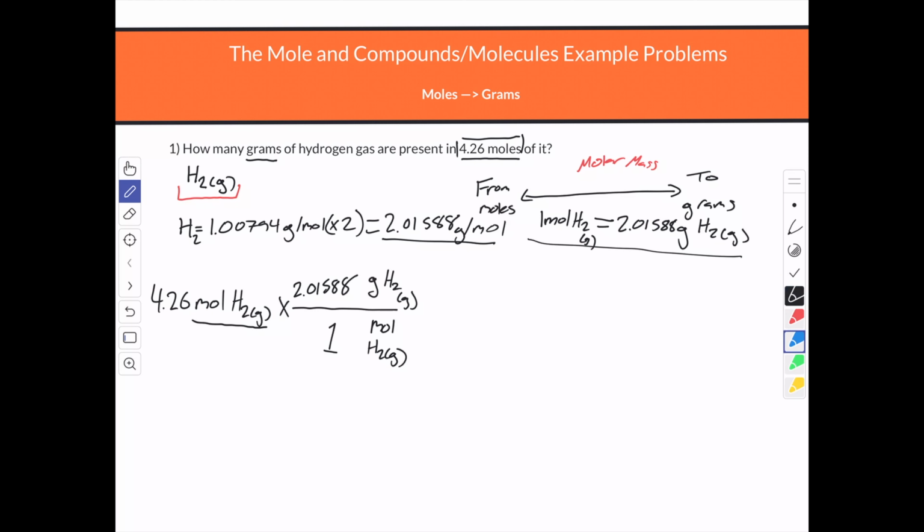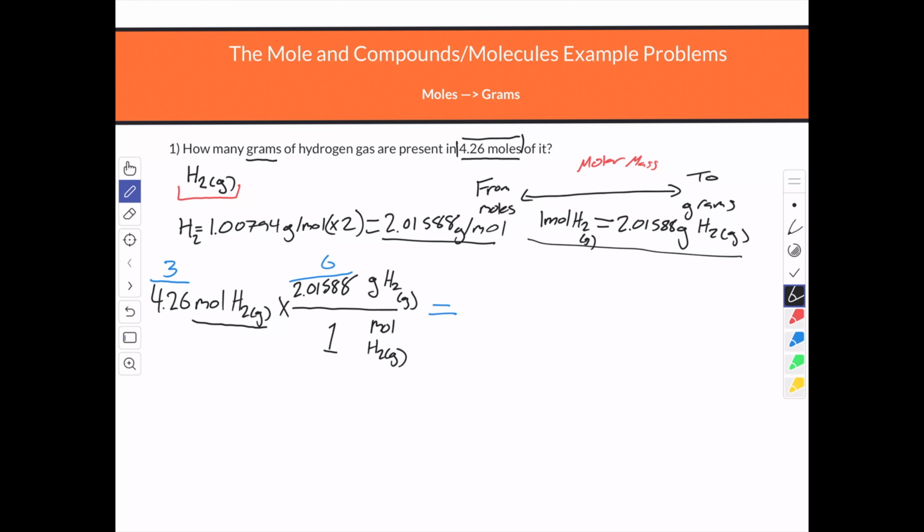You can't forget about significant digits. We know that there are 3 in this number, and there's 1, 2, 3, 4, 5, 6 in this number. So we're going to have 3 in our final answer. So we go by the least amount. So we'll do our multiplication.